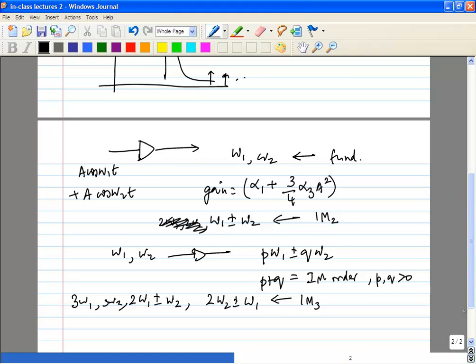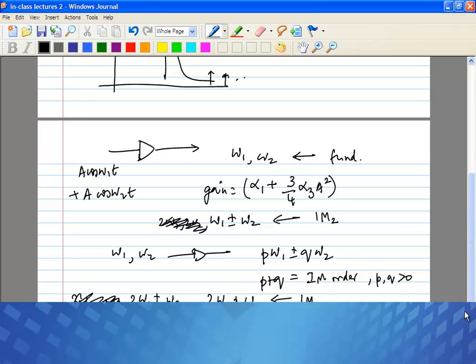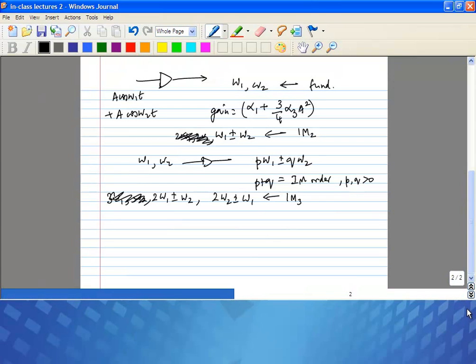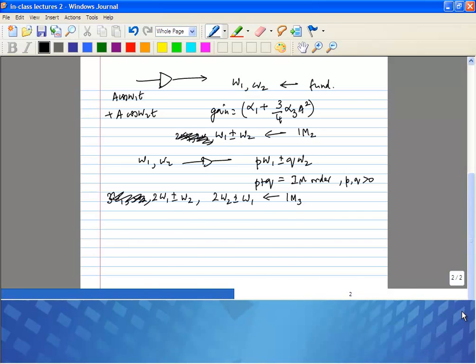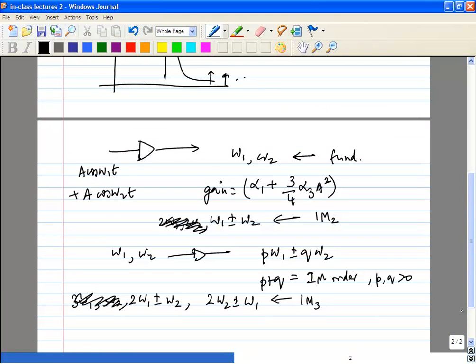Let's say pq greater than 0. If either p or q is equal to 0, we'll call them harmonics. So these are the harmonics, right? So you get 2 omega 1 and so on.